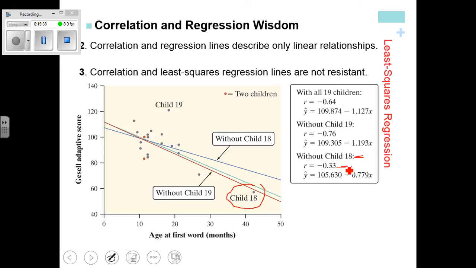If we remove that point, big change in our R value. It's a much weaker relationship, as well as a very large change in the slope, because that point is an influential point. It's pulling that line towards the point and really affecting where the slope of the line would be.